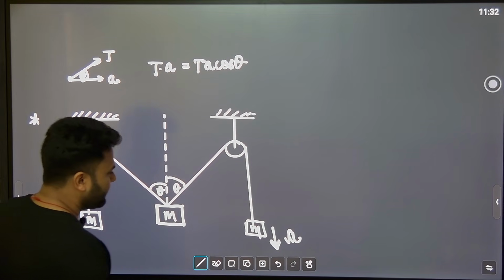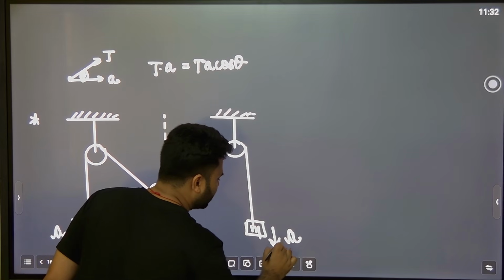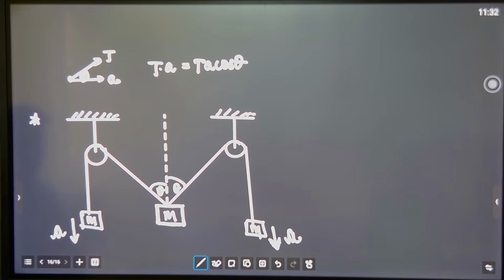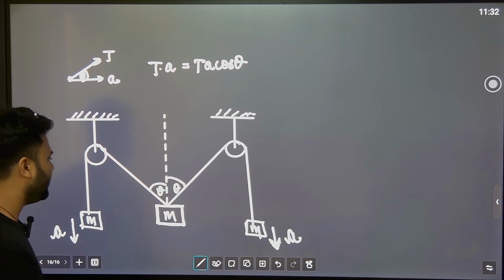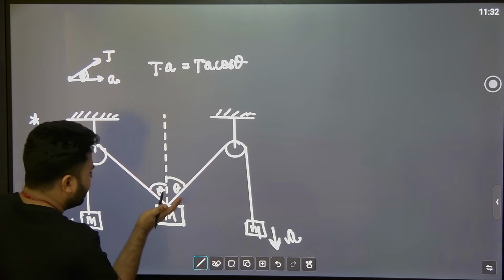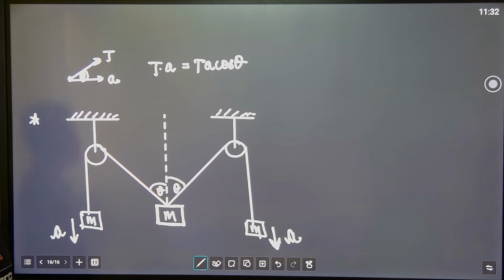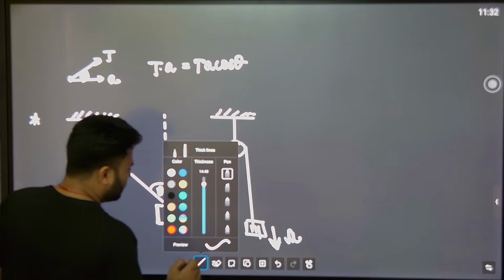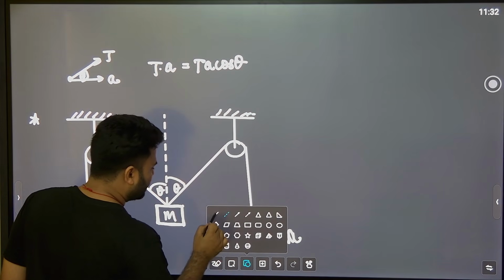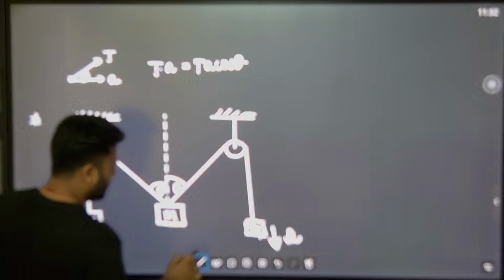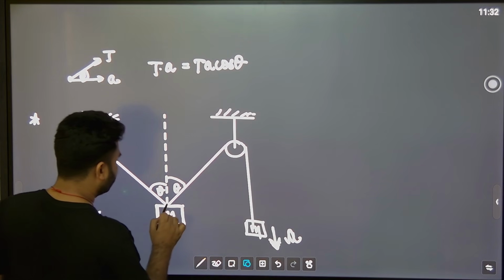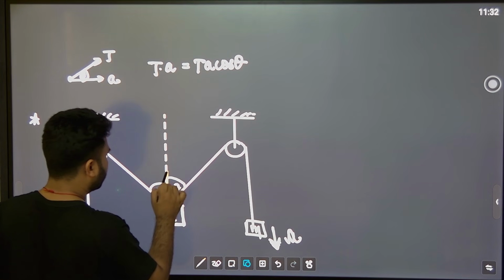So if these two masses are going down with acceleration a, and this is going down, definitely you know this will move up, correct? With what acceleration is this mass going to move up?